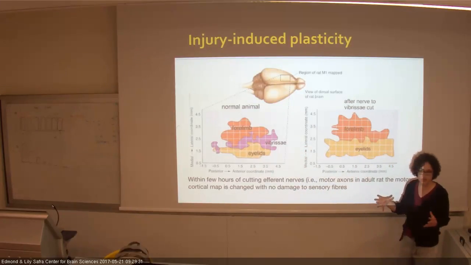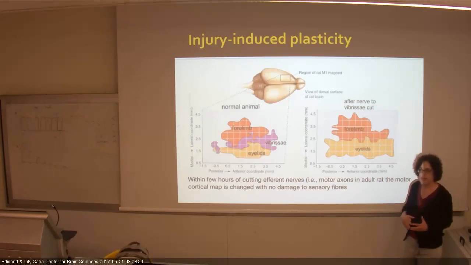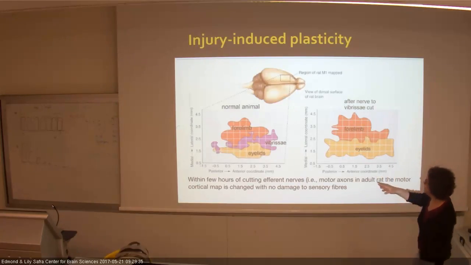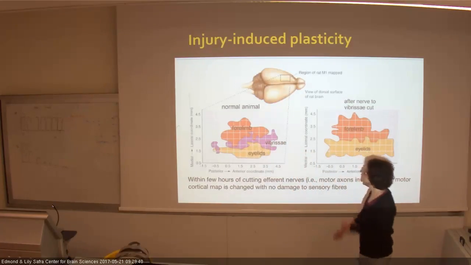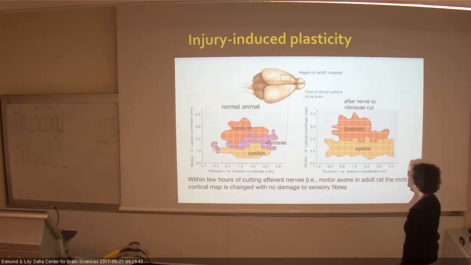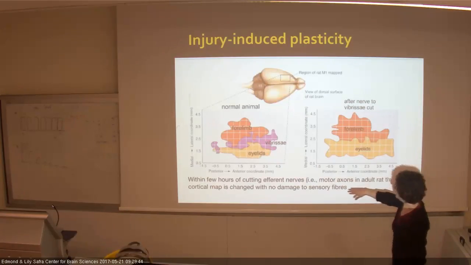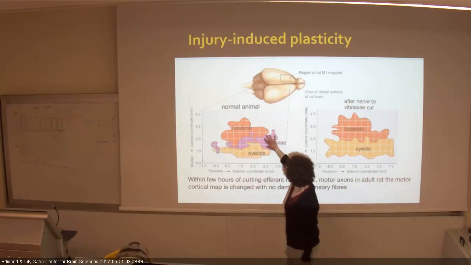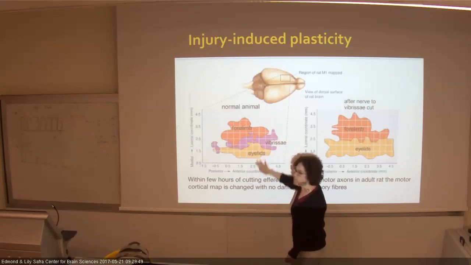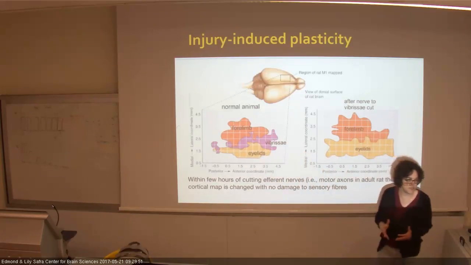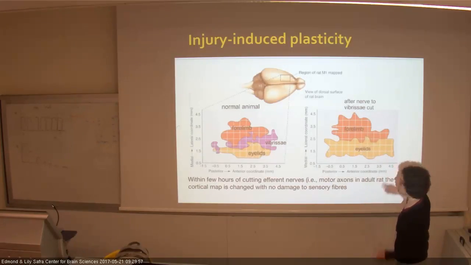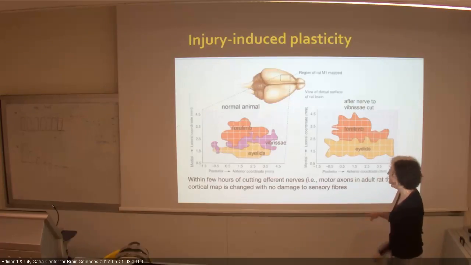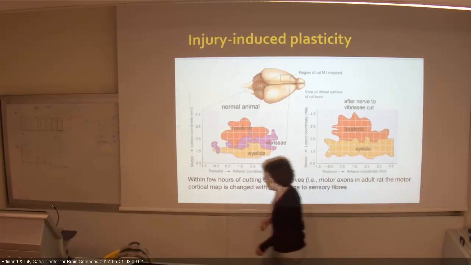There is an expansion of other sites that are replacing the area that is lost, and this takes a few hours. After a few hours of cutting the nerve, the entire map changes, although the sensory input is the same. The afferent information has not changed; the only thing you do is cut the efferent, and the entire motor map shifts.